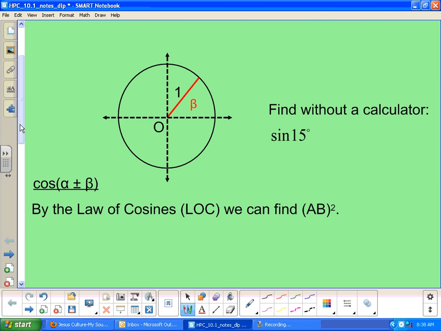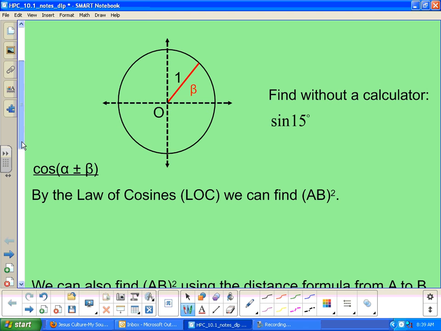The sine of 15 also could be found once we talk about how we use these laws here by thinking about sine of, for example, 45 degrees minus the sine of 30 degrees.